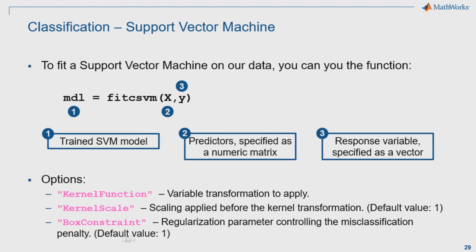Another option that you can use is the kernel scale, which is just a scaling applied to your data before the kernel transformation. By default it is 1. So it's a kind of feature scaling before applying your kernel.